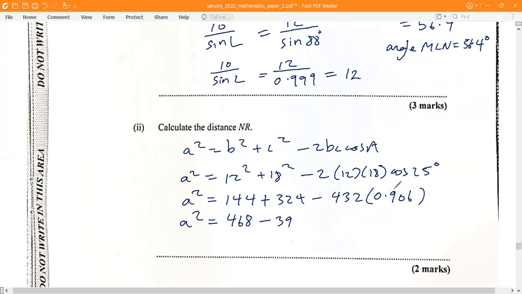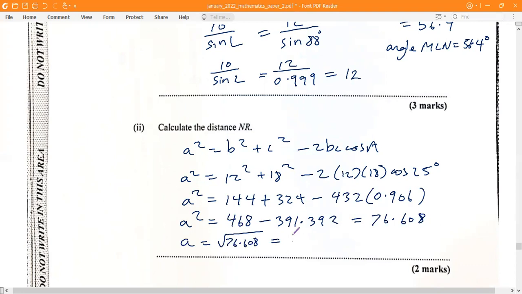432 multiplied by 0.906 is 391.392. We do our subtraction: 468 minus 391.392 is 76.608. Now let us find the square root of both sides, because square root is the opposite of squared.